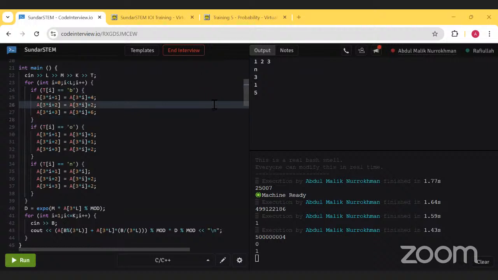So for your information about segment tree, the segment tree is a big section in the competitive programming topic.